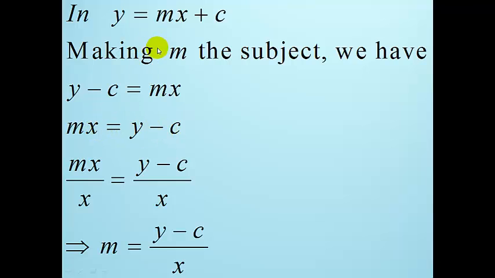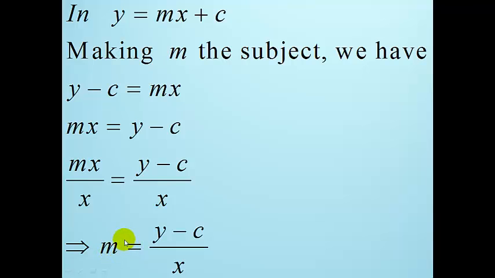Now, because we are making m the subject, we have to divide the left hand side by x so that the m can stand alone. Then we divide the right hand side also by x. Now, dividing the left hand side by x, we have mx divided by x. And when the x cancels the x, we are left with m. And so the m now stands alone.